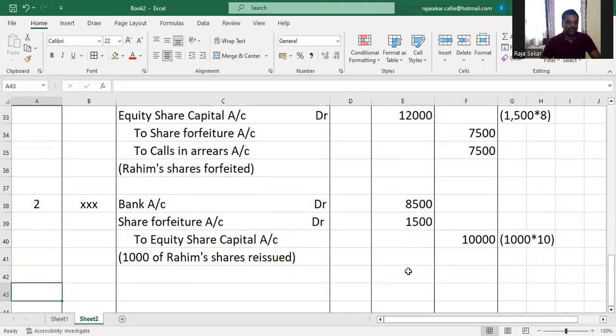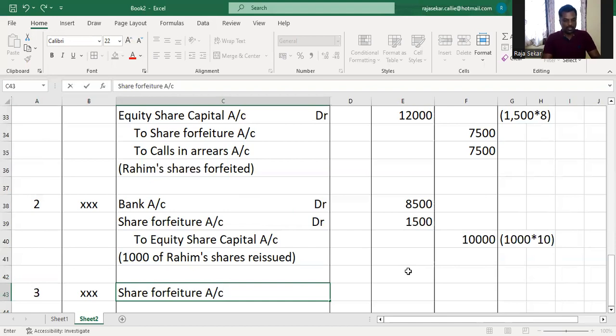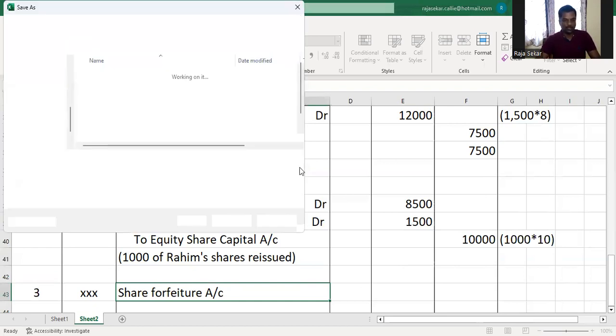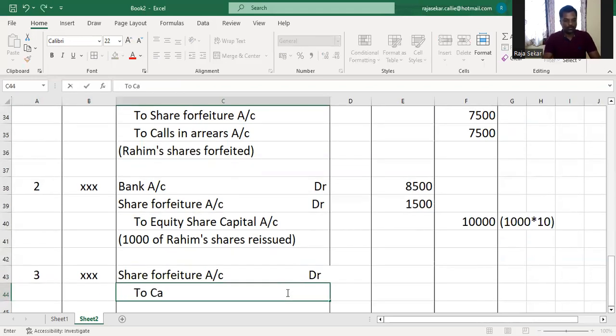All right. Now, whenever we reissue, there might be some profit on reissue, and we're supposed to account for the profit on reissue by transferring it to capital reserve account from share forfeiture account. Share forfeiture account debit, to capital reserve account.